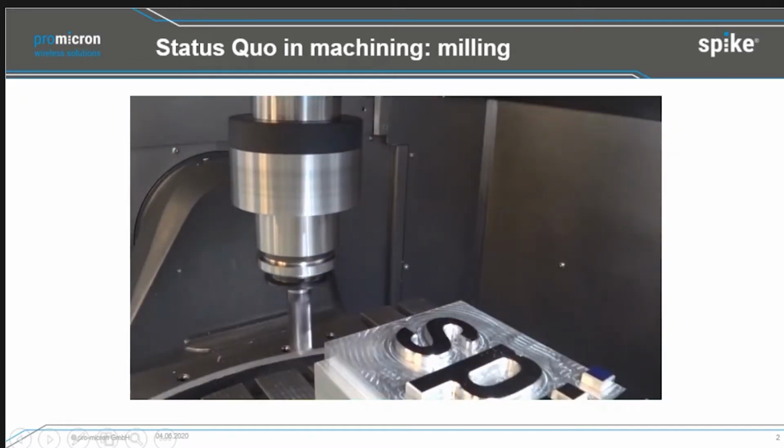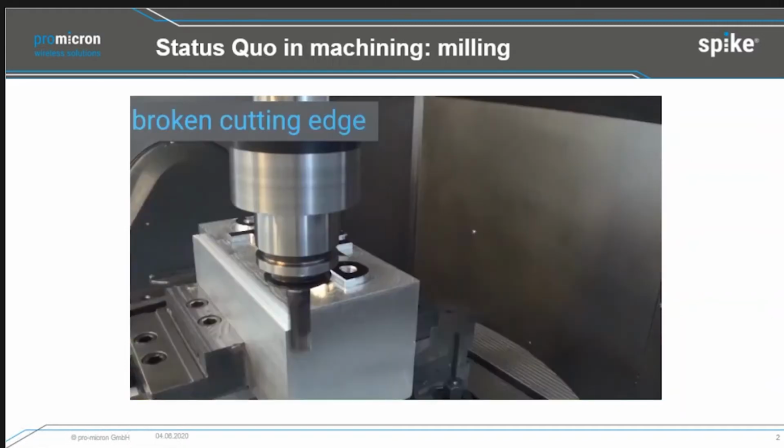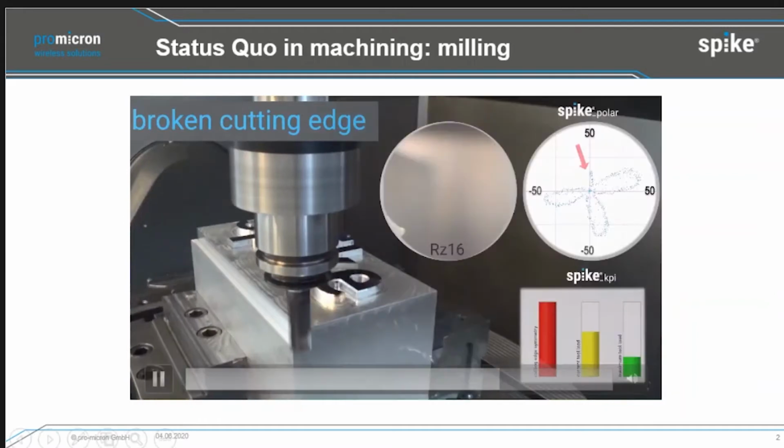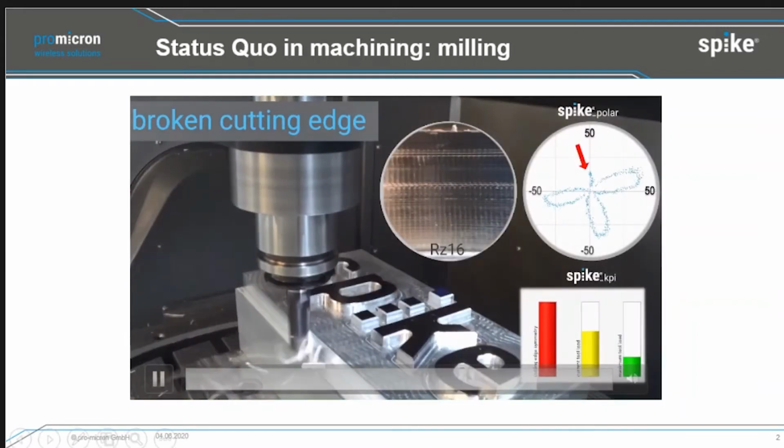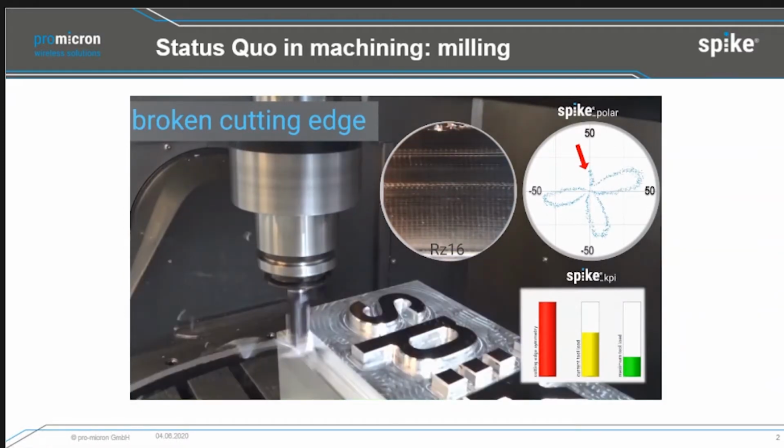In this case, we don't have a command connection enabled to the machine, so we are just running the tests. But you can imagine that with the broken cutting edge, we would be able to send a command to stop the machine or change to another tool, so that we don't lose our surface quality.